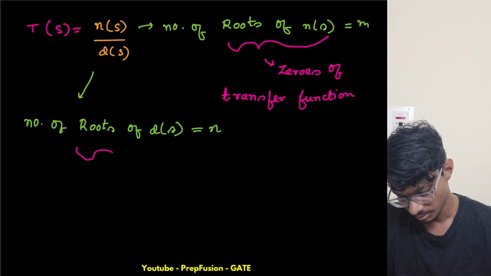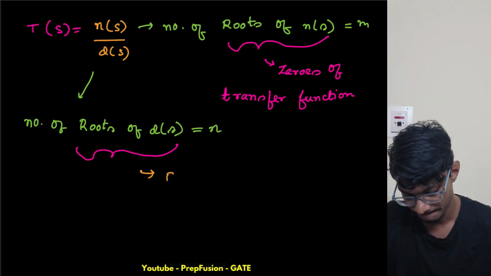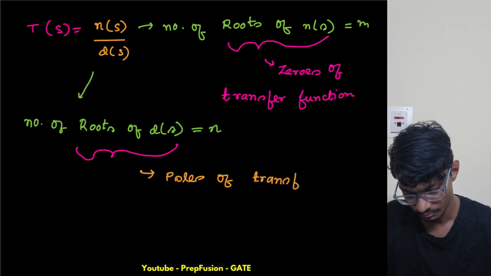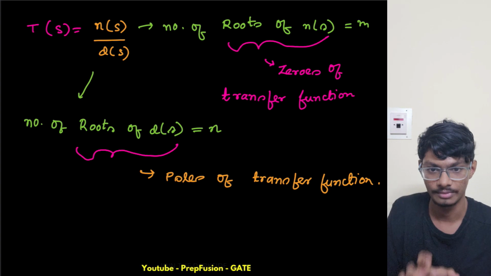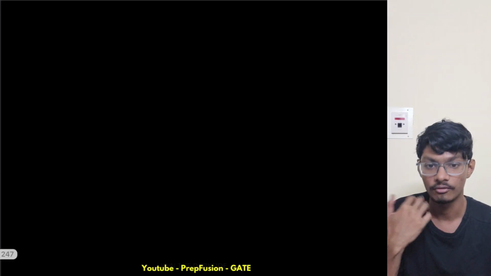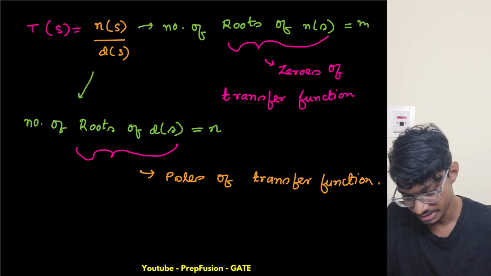And the roots of the denominator, they are known as the poles of the transfer function. Okay, so yeah, these things you just keep in mind. Now for a causal system, this condition should always be valid.